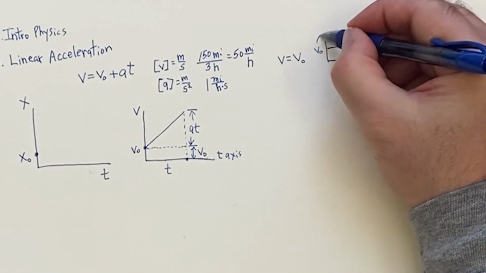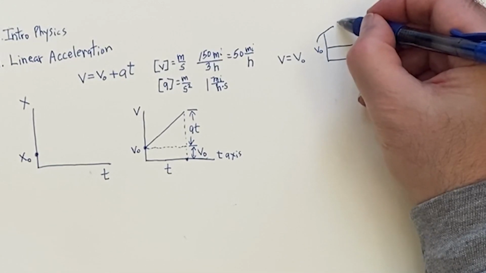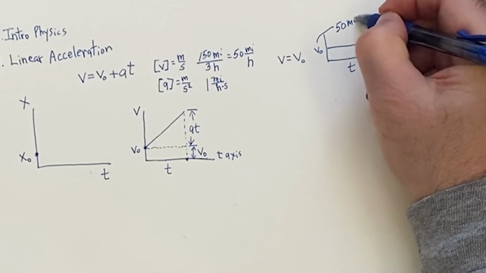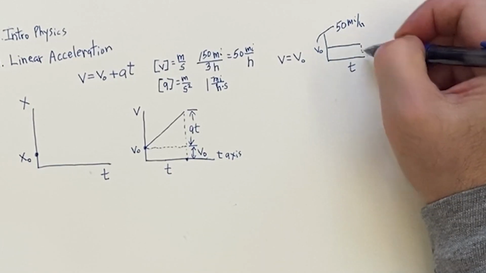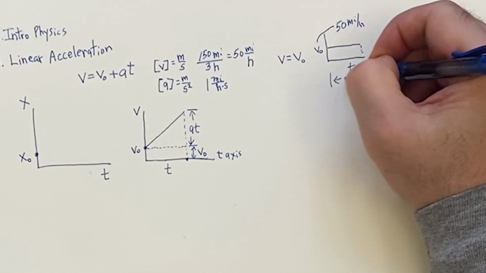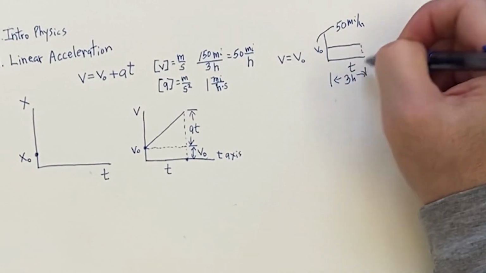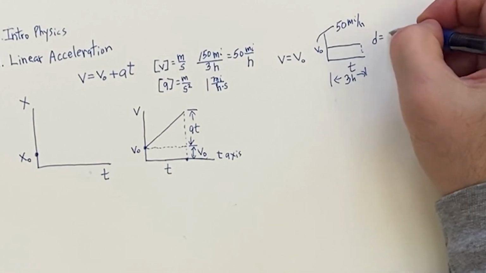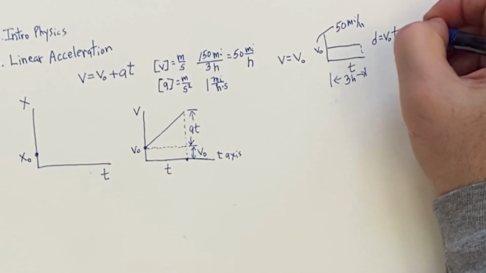But see, if this is your speed, like if this were, for example, 50 miles per hour, and say this distance here happened to be 3 hours, then you would be going by your formula, velocity times time.